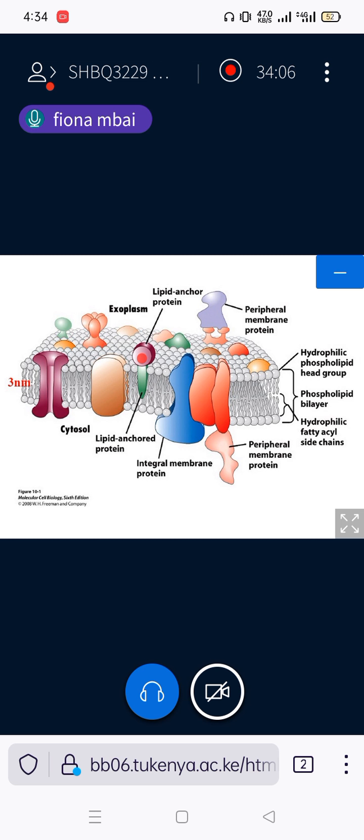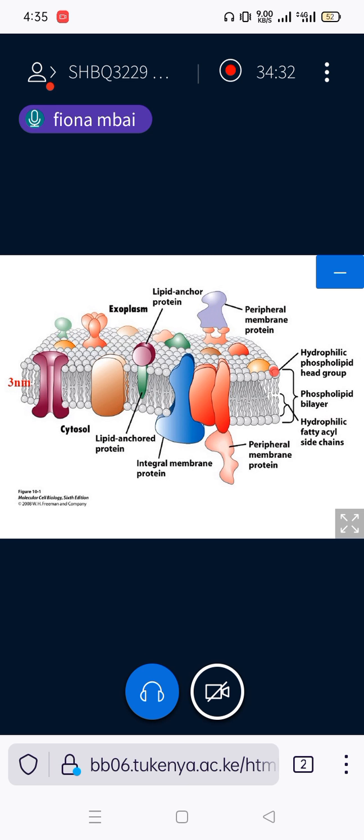So you have the lipid anchor proteins. So here is the protein that anchors with the lipid bilayer. And you have peripheral membrane proteins outside on the extracellular side. You also have a peripheral membrane protein on the inside. The integral membrane proteins, as we've learned, cross the lipid bilayer all the way through.